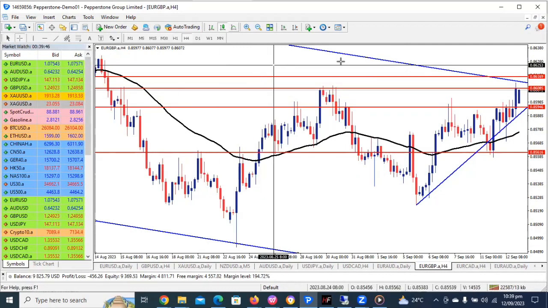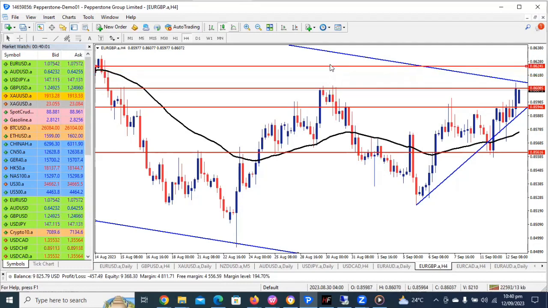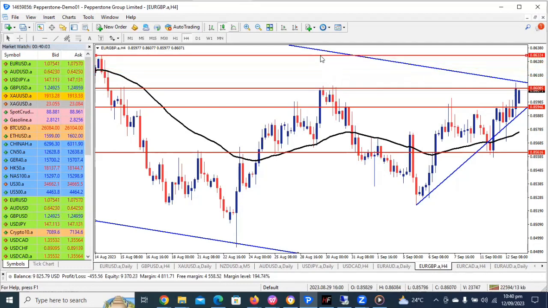So from here, if I find it, what's my stop? About 9 pips, definitely it's going to be more. Maybe I'll put it at this point. This is the highest point here.